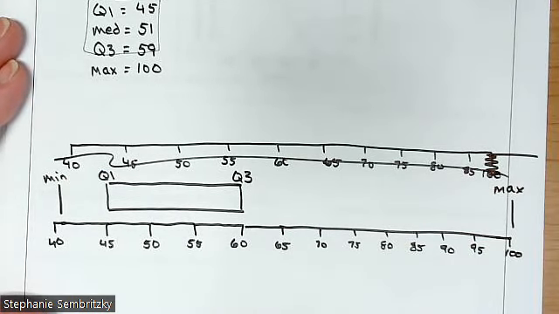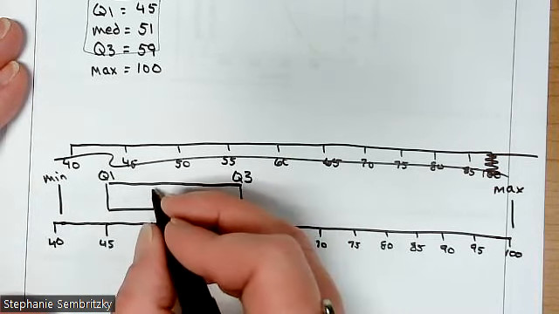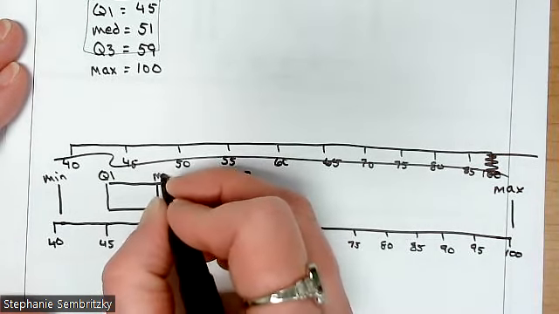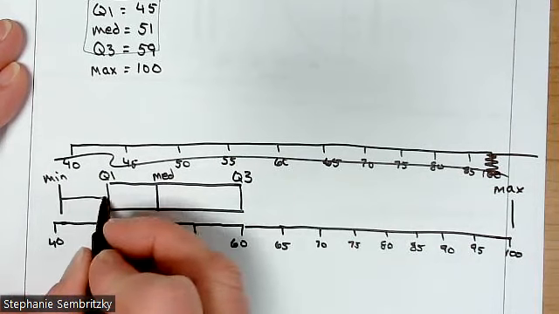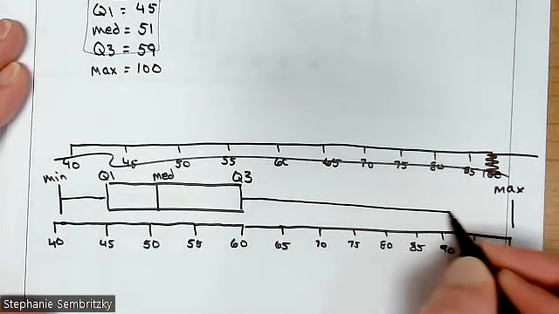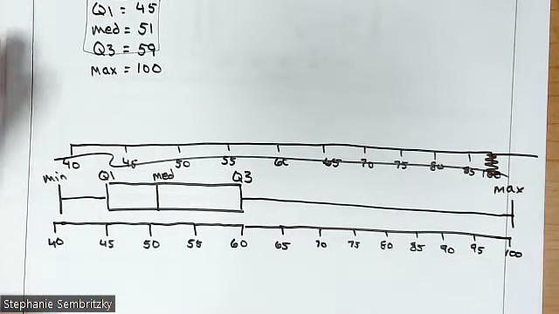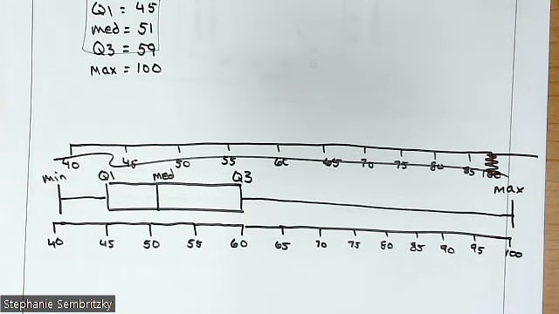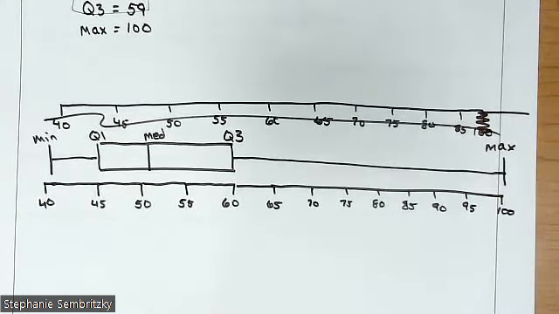In the middle of the box is going to go the median. Would you say this is symmetrical? No. What does it look like? Skewed right. Could there possibly be an outlier?